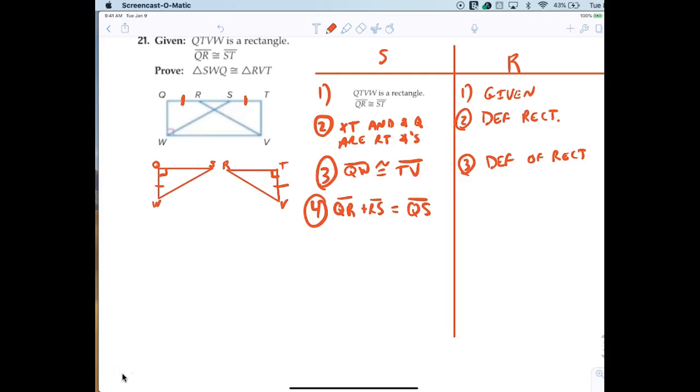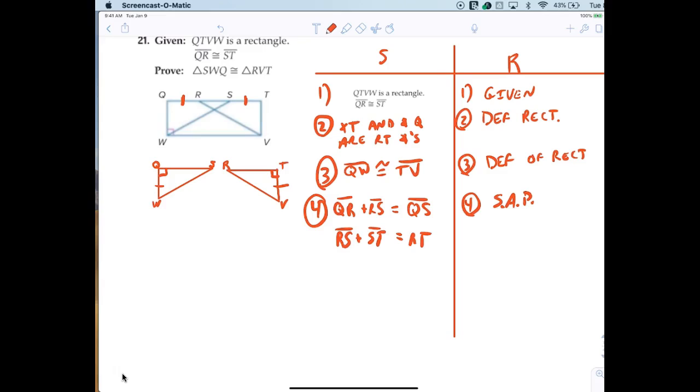QS, right? And then I'll just do it in order. RS plus ST is equal to RT, right? And who remembers that? Good job, guys. Segment addition postulate.